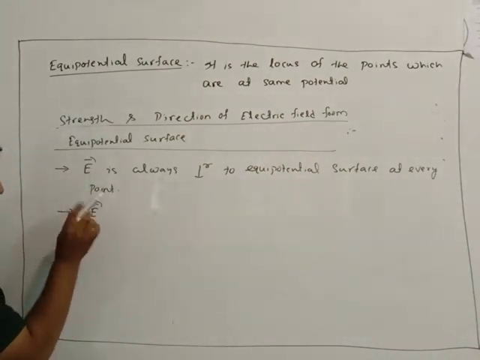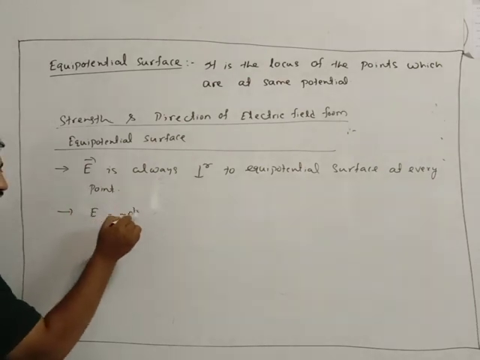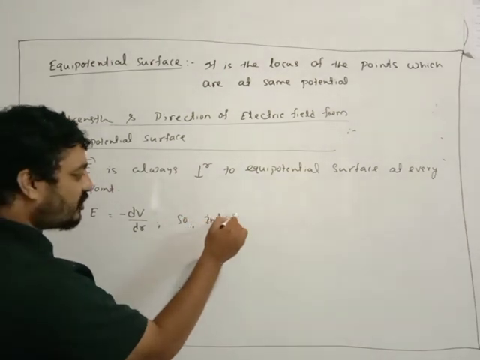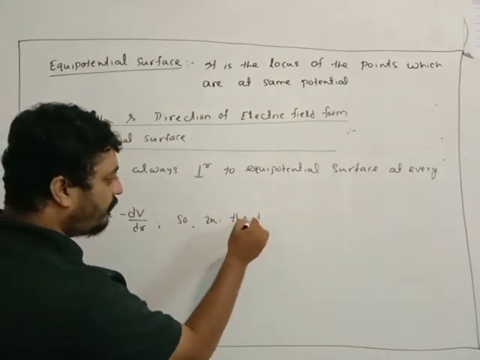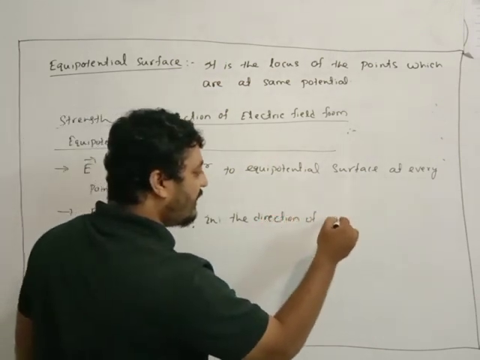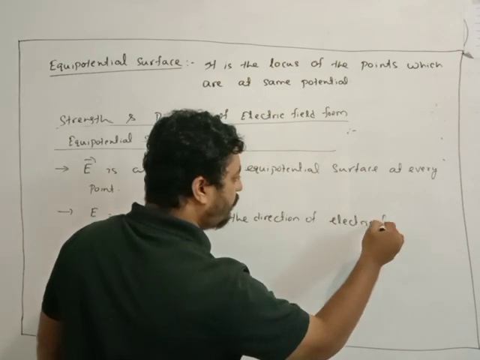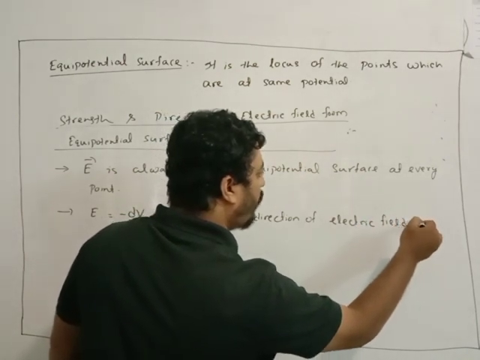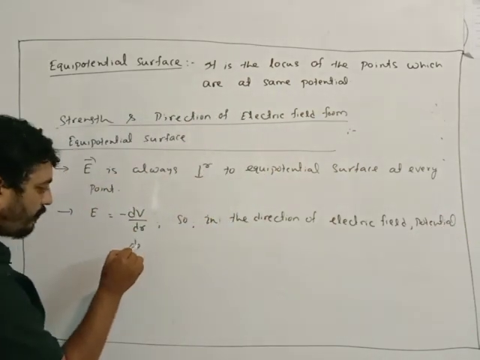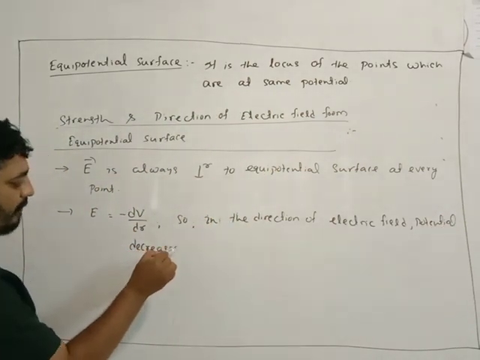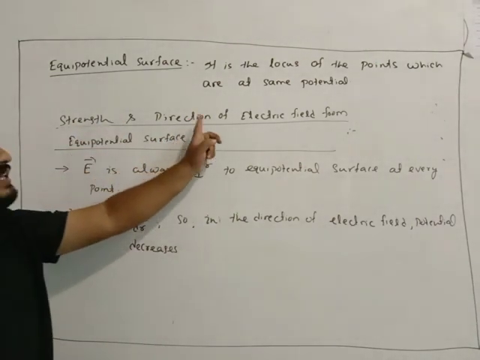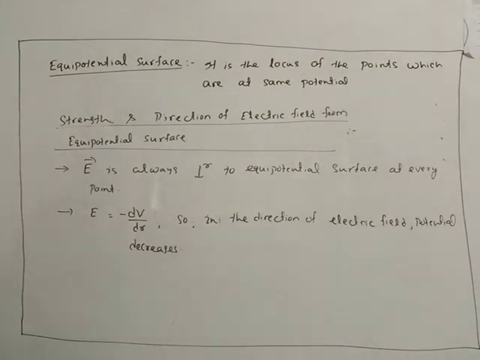Second, E equals minus dV by dr. So, in the direction of electric field, potential decreases. So using these two properties, we can find the direction of electric field.